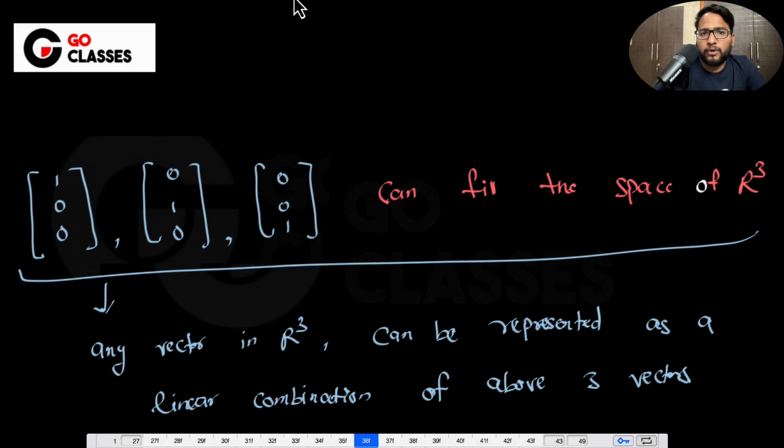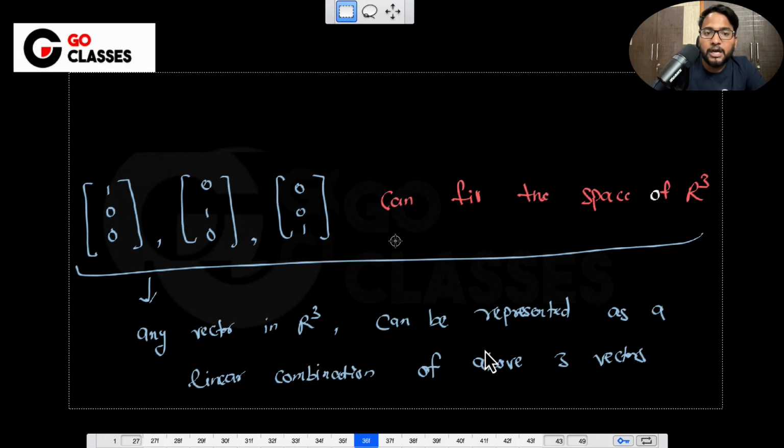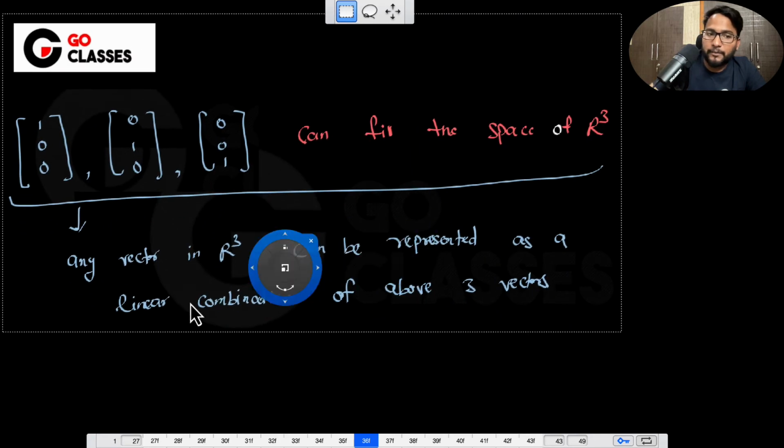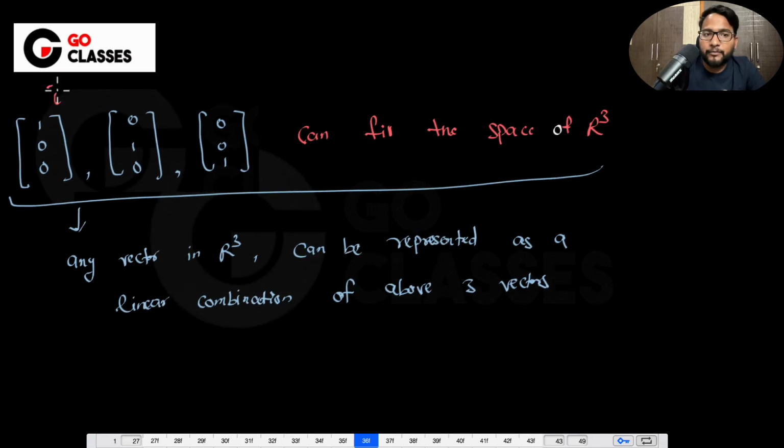If you recall from elementary school mathematics, you used to have i cap, j cap, k cap. These 3 vectors are i cap, j cap, k cap. You do not need to know this, but any vector can be represented as a linear combination of them. Let's suppose you have 2, 5, 9.